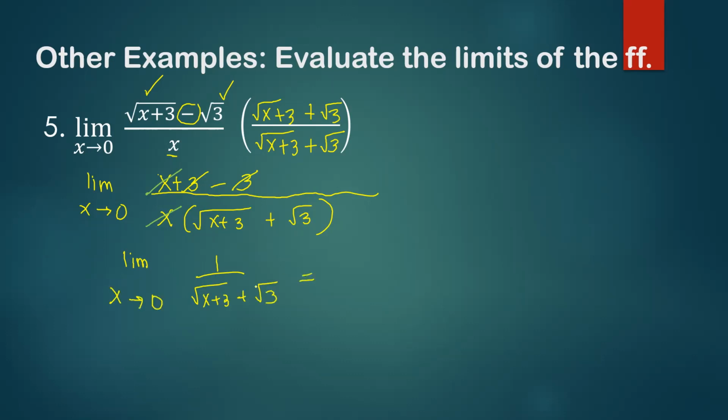Ayan. So, this will be equal to 0 plus 3 is 3 then. So, square root of 3 plus another square root of 3, that will be 2 square root of 3. Tapos may 1 ka doon. We rationalize this. So the final answer will just be square root of 3 all over 6. So ito po yung ating value for our given limit.